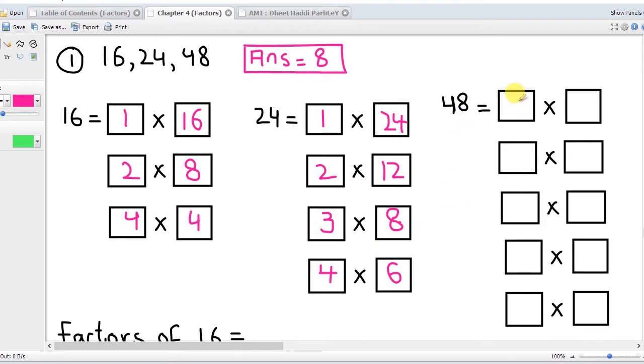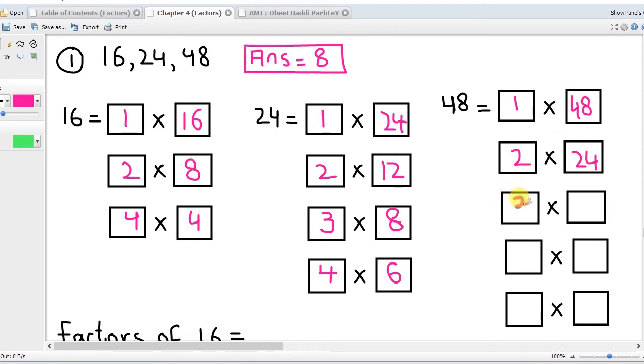Okay, next is 48. 1 times 48 is 48. 2 times 24 is 48. Or if you're not so sure, you can split 48 into individual digits: 2 times 2 is 4 and 2 times 4 is 8, so collectively 2 times 24 gives you 48. 3 times any number will give me 48?